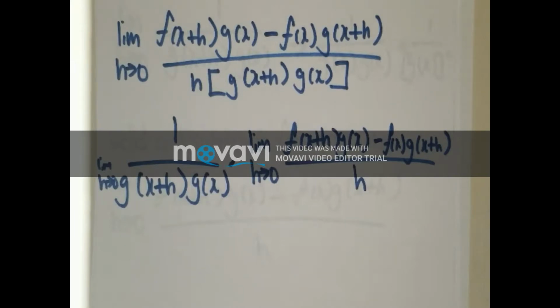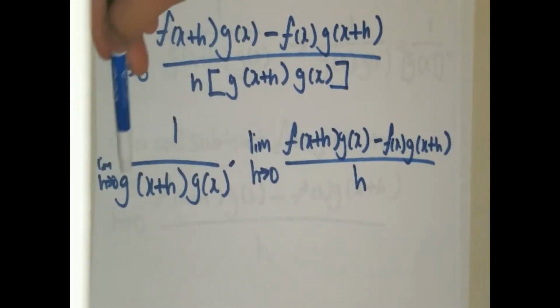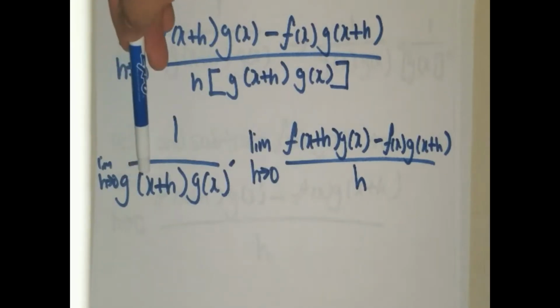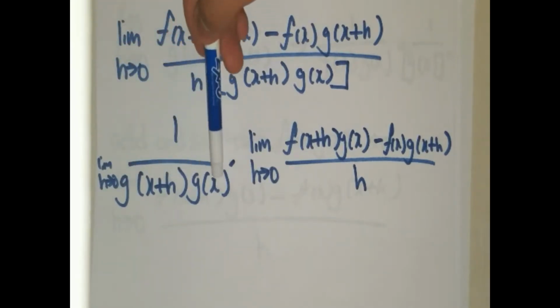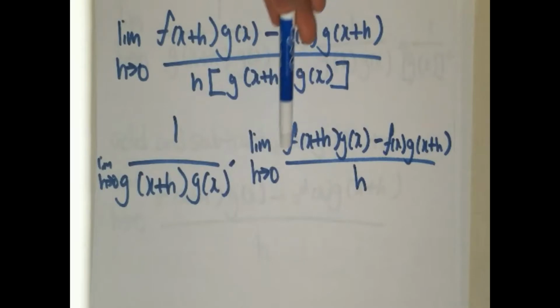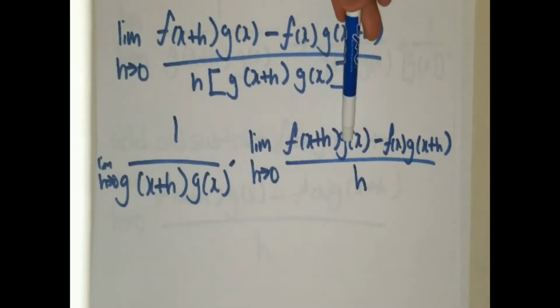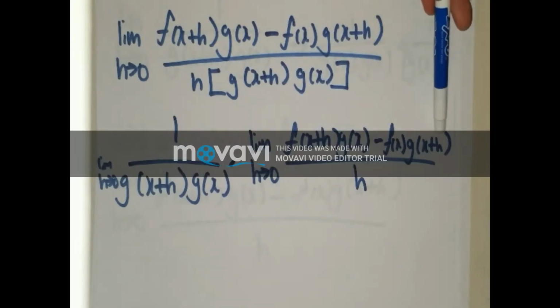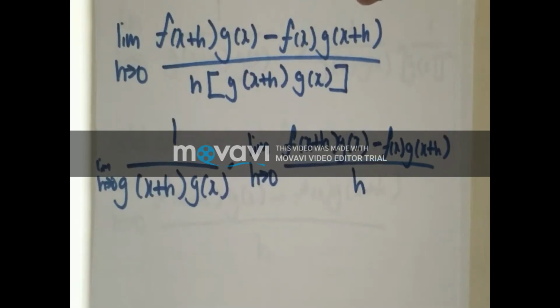By separating this equation into two pieces, it is the limit as h goes to 0 of 1 over g(x+h) g(x), times the limit as h goes to 0 of (f(x+h) g(x) minus f(x) g(x+h)) all over h.